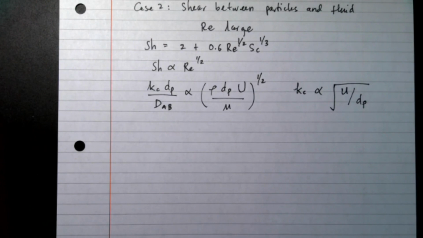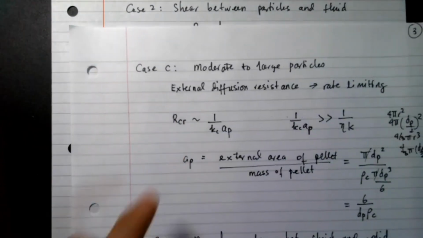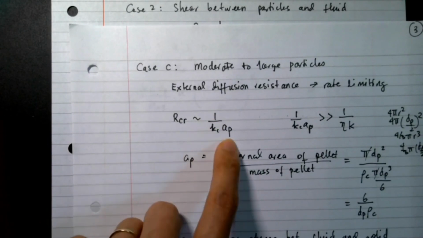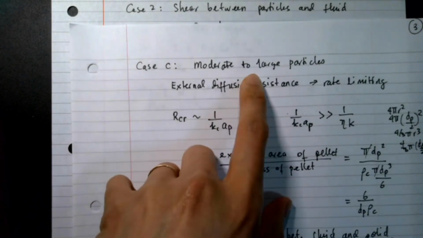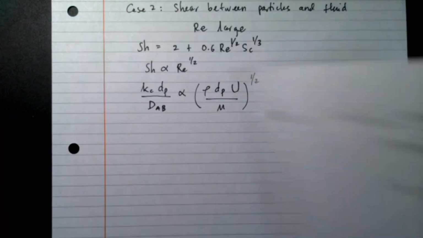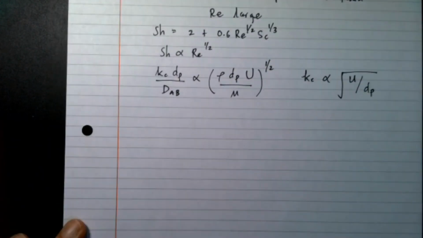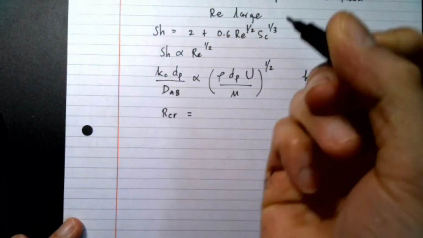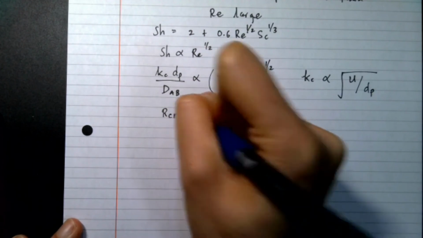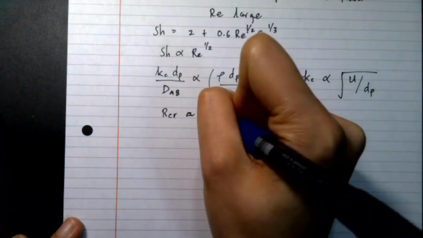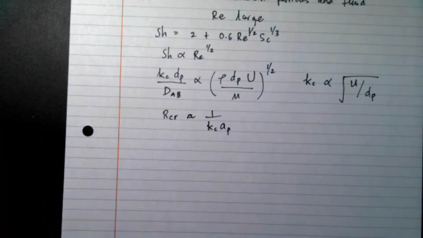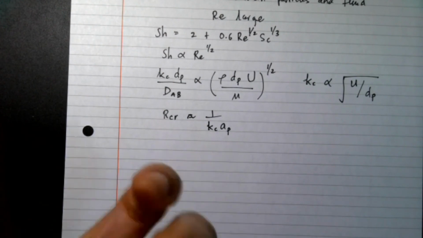So now, our RCR is approximately equal to 1 over Kc AP. This is for moderate to large particles. This is approximately equal to 1 over Kc times the external surface area of the pellet.